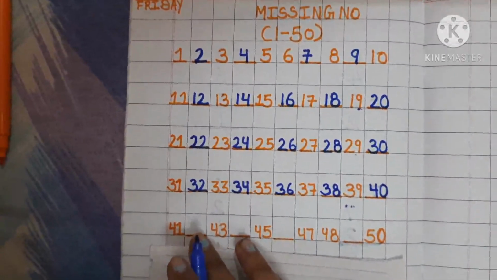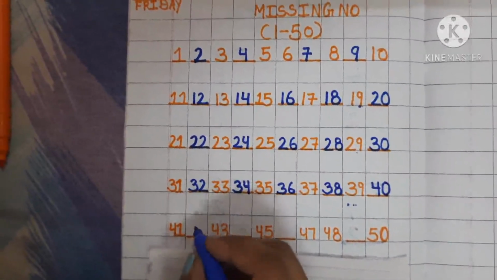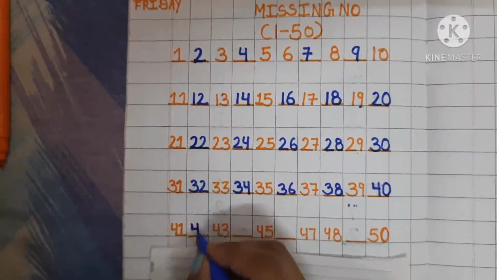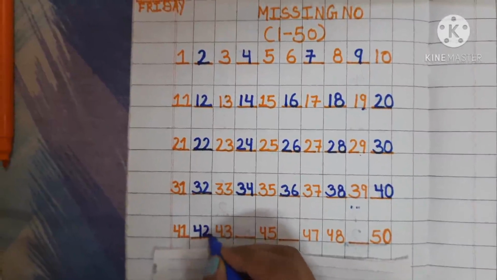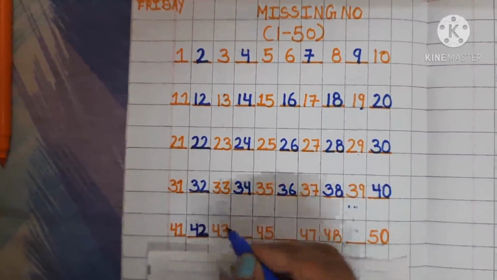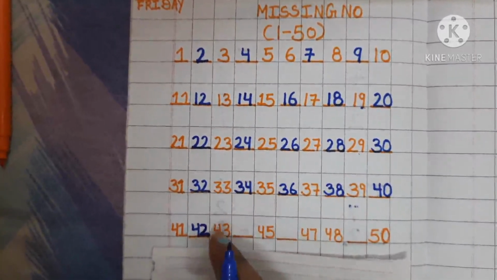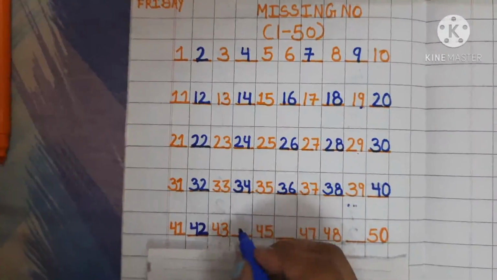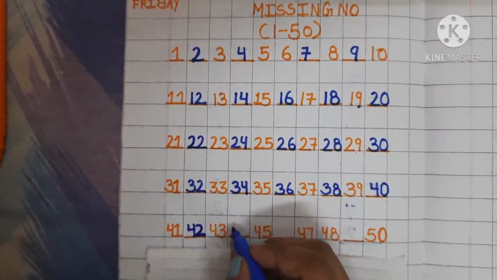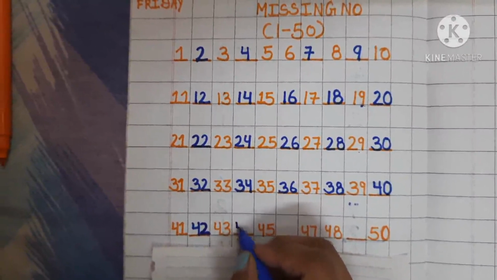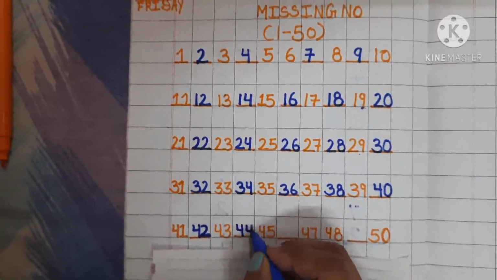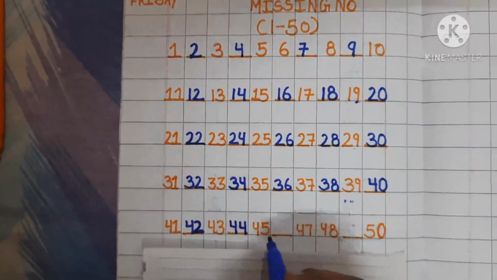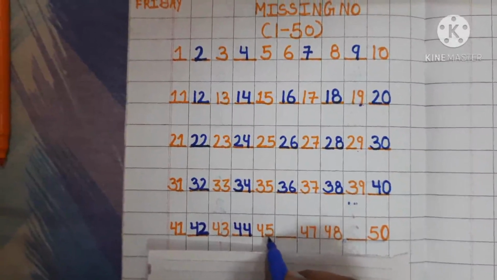41. 41 after what will you write? 42. This number is missing. After what will you write? 43. Now which number is missing? 44. 44 after what will you write? 45.